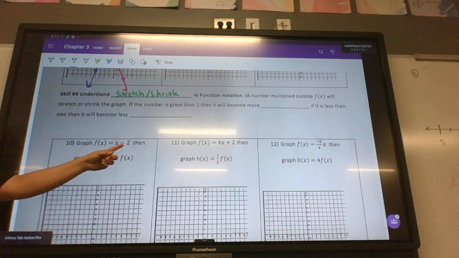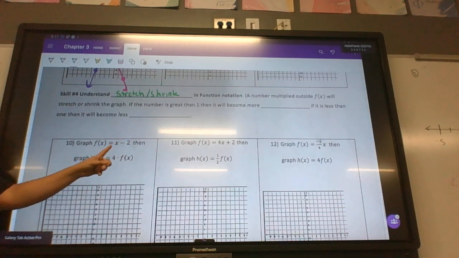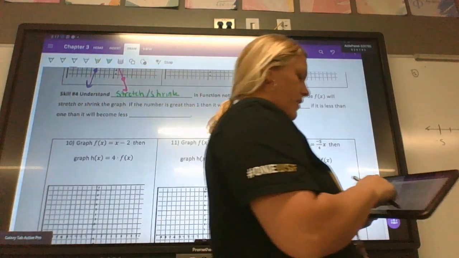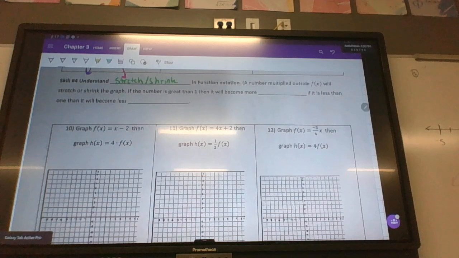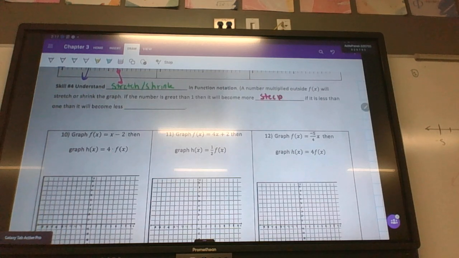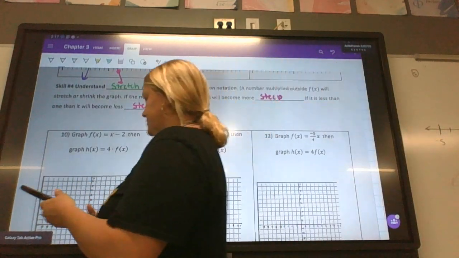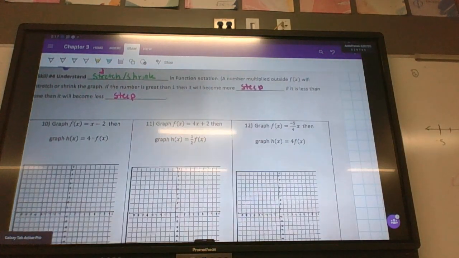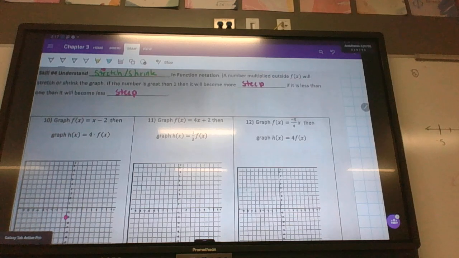But this time I'm going to begin with f of x, and this is going to be a vertical stretch of 4. -2, and I'm going up 1 over 1, up 1 over 1.